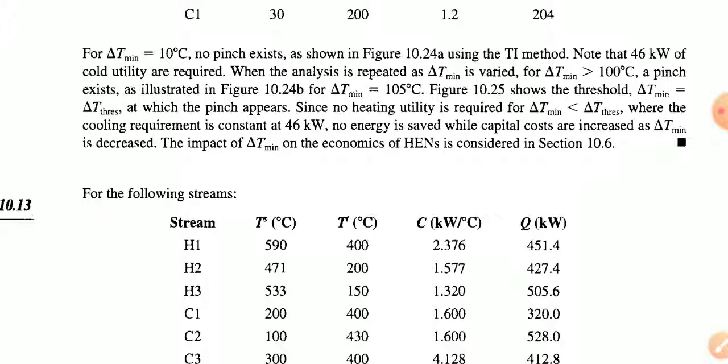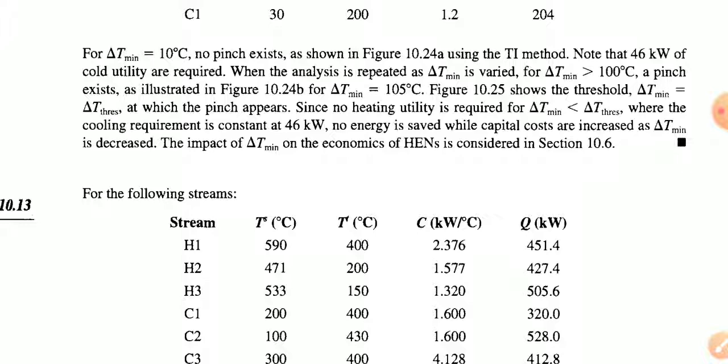Note that 46 kilowatt of cold utility are required when the analysis is repeated as delta T minimum is varied. For a delta T minimum greater than 100 degrees Celsius, a pinch exists, as illustrated in figure 10.24.